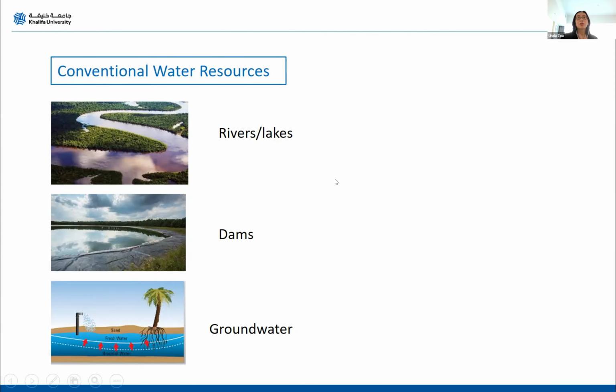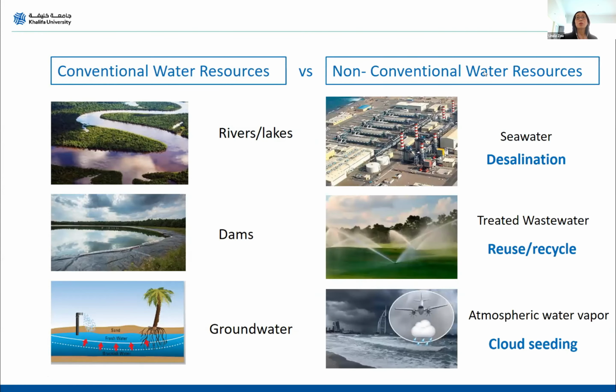Then we need to turn to non-conventional water resources, such as seawater. Because of the salt present in seawater, we have to employ desalination technology to separate salt from water.